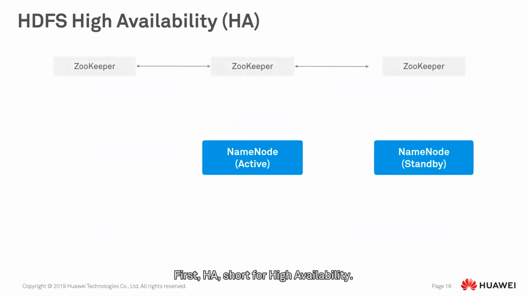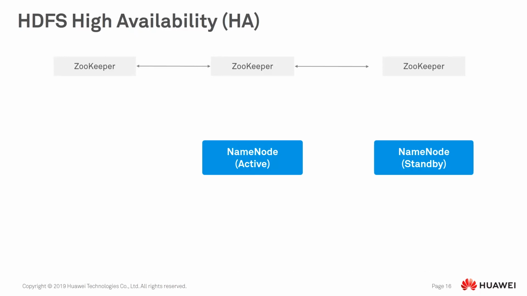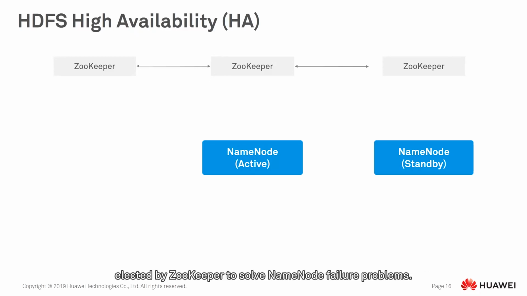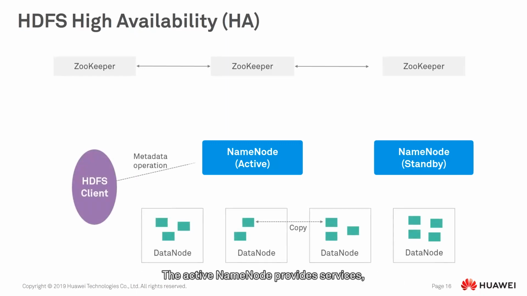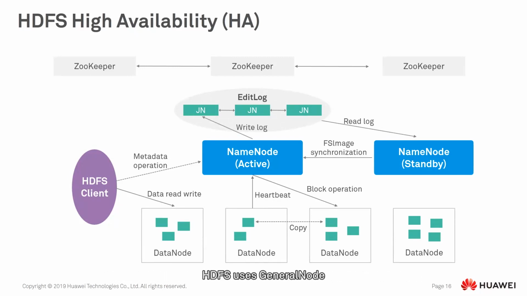First, HA, short for high availability. The HDFS high availability is mainly reflected in active standby name node elected by Zookeeper to solve name node failure problems. The active name node provides services, and the standby name node backs up metadata as a hot spare.